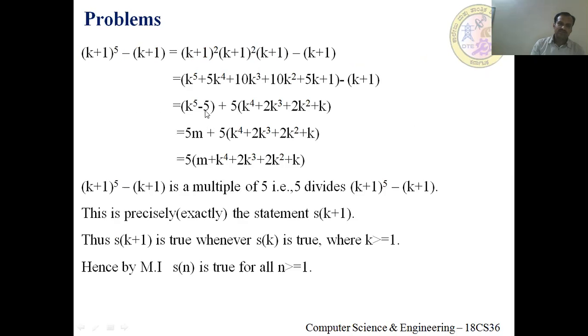Now k to the power of 5 minus k is 5 times m. If I take 5 as the common factor here, it is 5 times m plus k to the power of 4 plus 2k cube plus 2k square plus 1. Definitely, if you consider the LHS, k plus 1 to the power of 5 minus k plus 1 is a multiple of 5. That is, 5 divides k plus 1 to the power of 5 minus k plus 1, which is exactly the statement S of k plus 1.